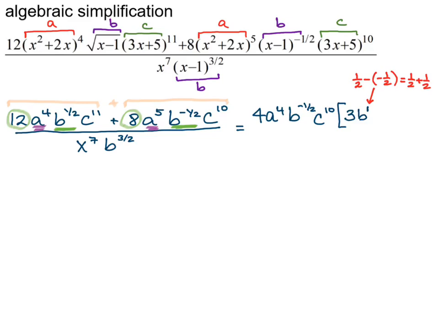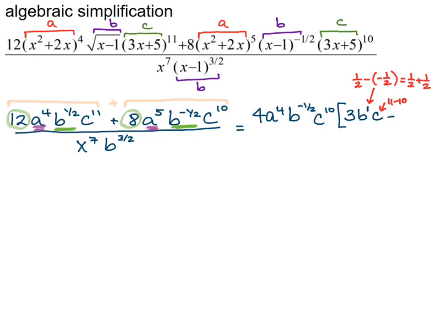Just like I'm going to be left with c to the 1st, because I had c to the 11th, and I took out c to the 10th. So if you think of it like that, this is c to the 1st. This exponent, which is also a 1, is 11 minus 10, my old exponent minus what I took out.